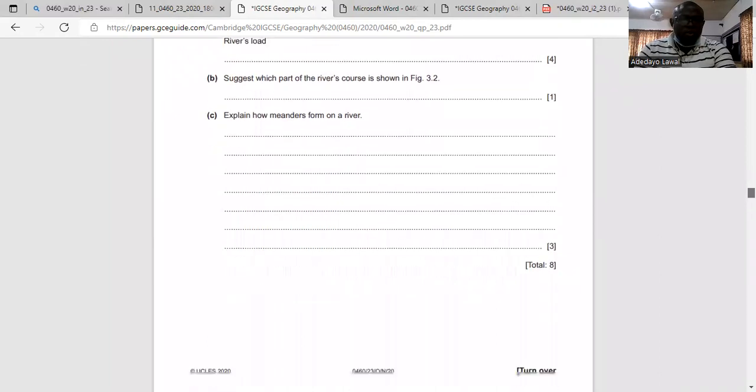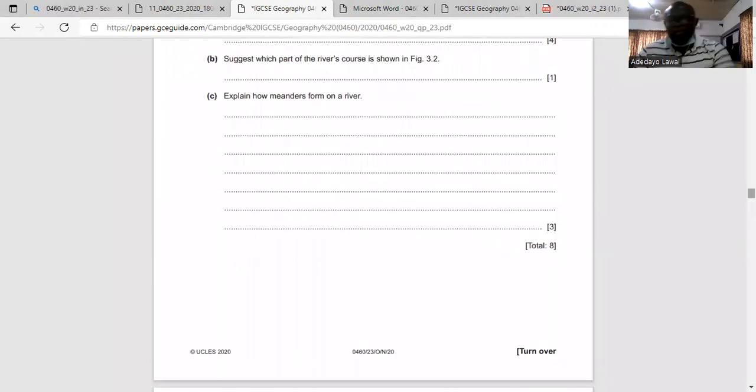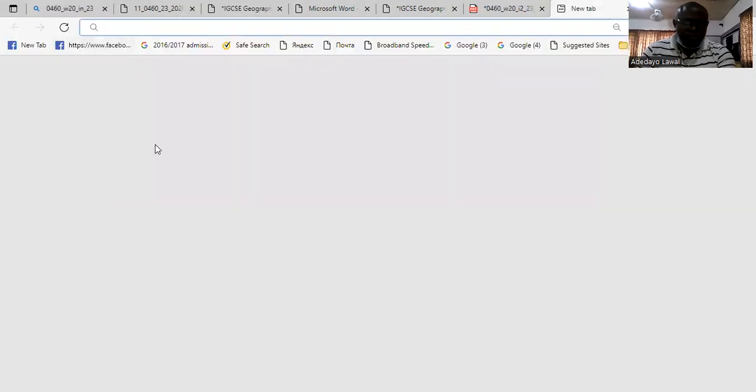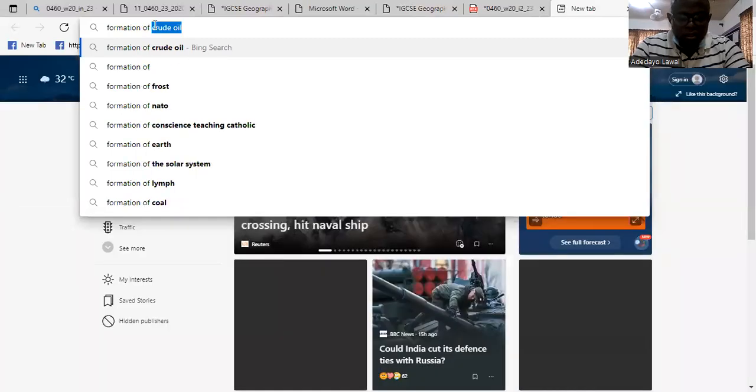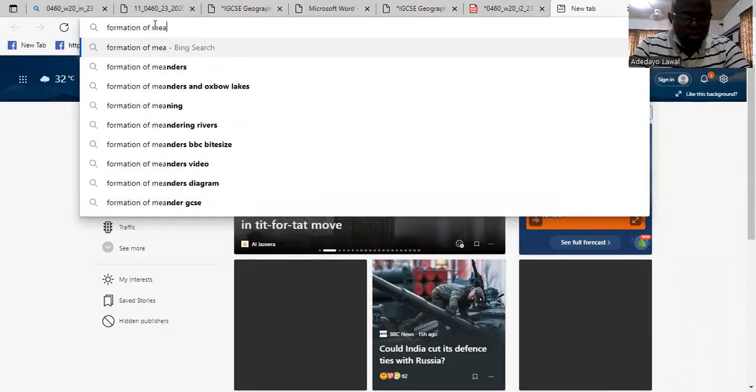So explain how meanders are formed. Well, meanders are formed as the river flows. Let me just get a picture quickly. So the river is now becoming sluggish. It cannot flow straight again. So it encounters bends.